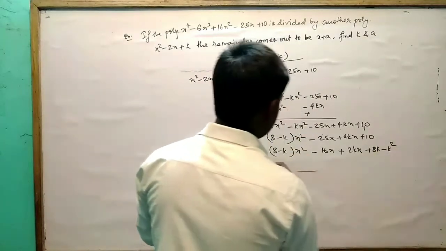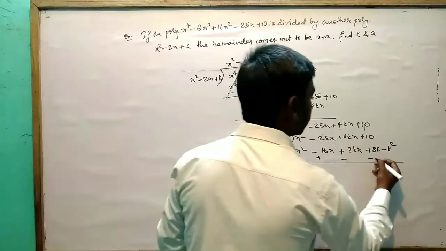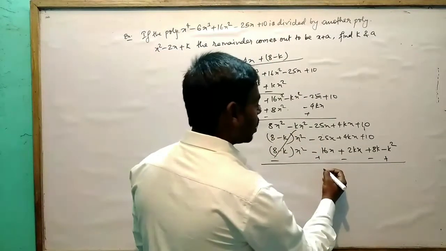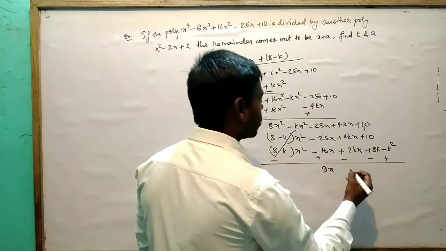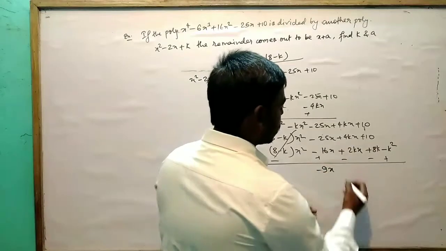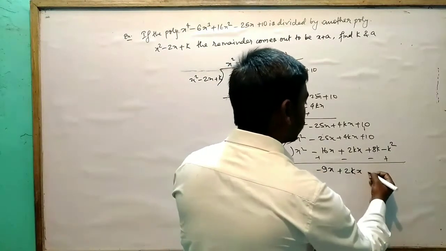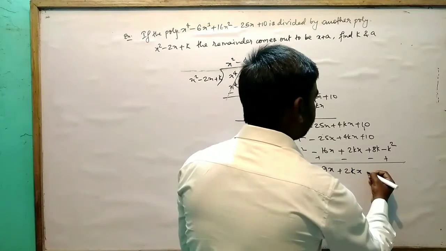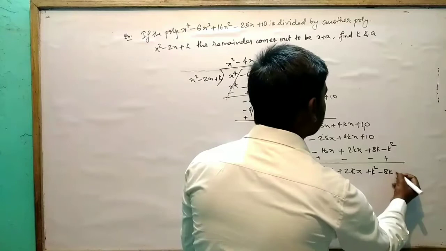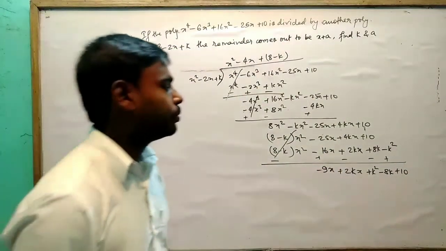We change the sign, and this gets cancelled. That is 9x minus 9x, and 4kx minus 2kx is plus 2kx, and minus 8k plus 10. We write it in descending order of degrees.